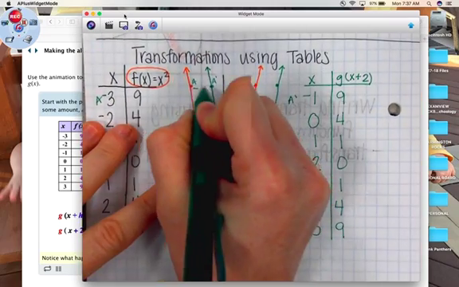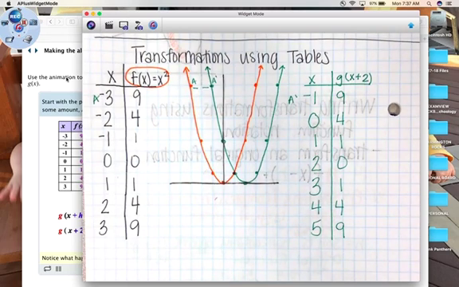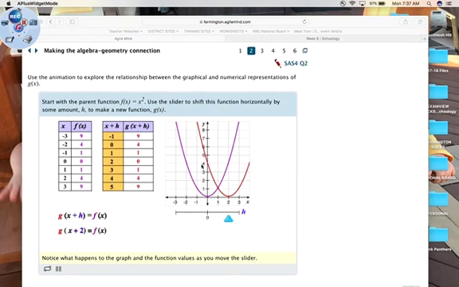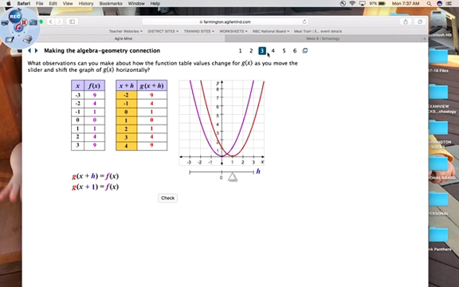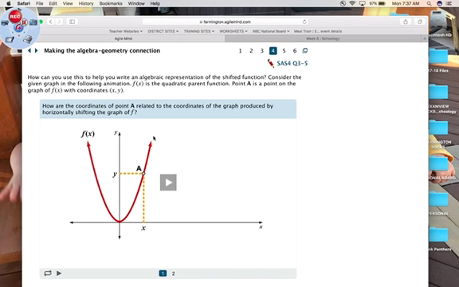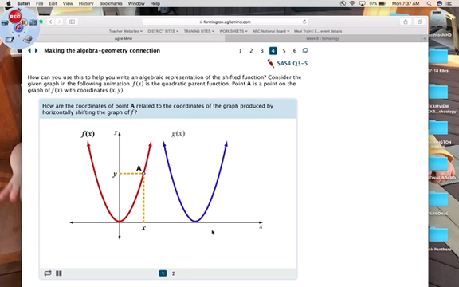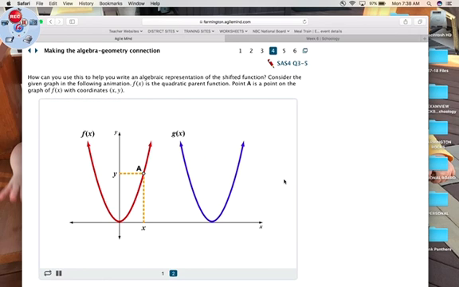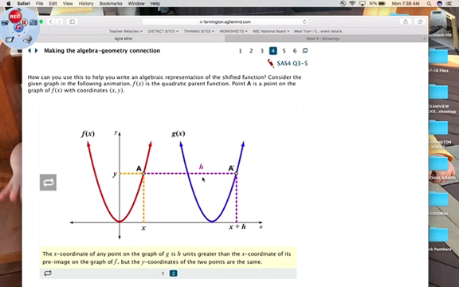Notice it moved right 2. I wanted this screen. It's talking about A and then how A prime is just a shift of whatever the h value is.